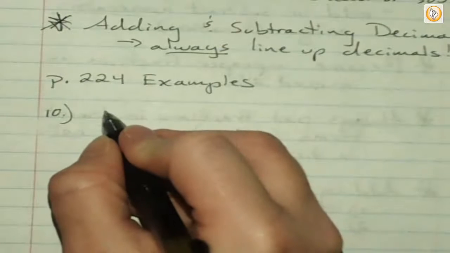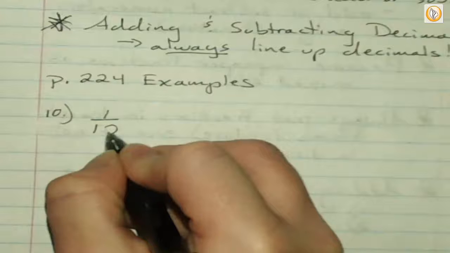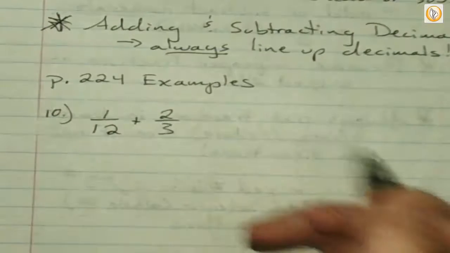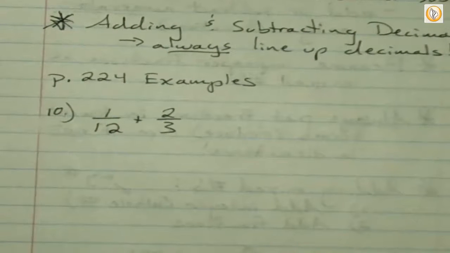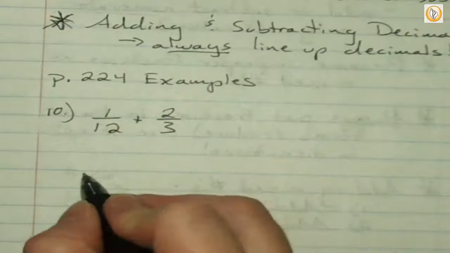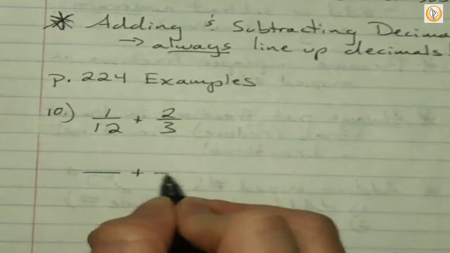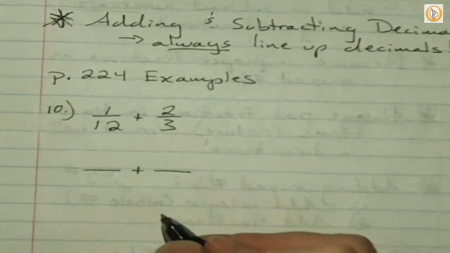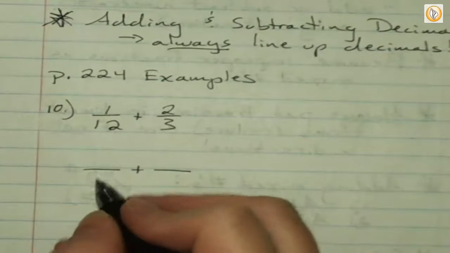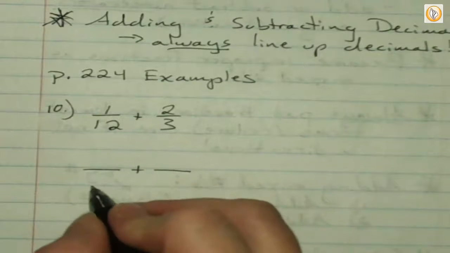Yes, Atalia, you can do the first one: 1 over 12 plus 2 over 3. This is just basic. We have to get a like denominator, so we have to see which is the least common denominator. 12 is the least common denominator, so it's still 1 over 12.